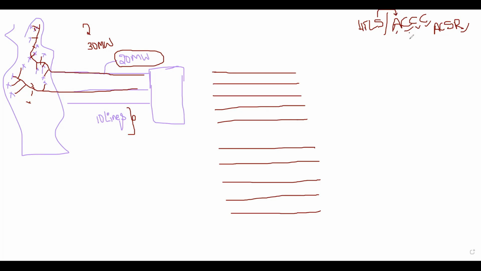What is the advantage here? Suppose the 400 square mm ACSR conductor will carry 200 amps. The ACCC conductor, of the same size and same weight, has a current carrying capacity of 400 amps.